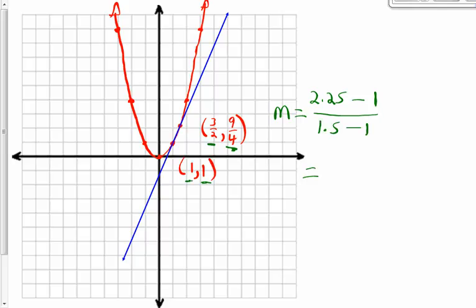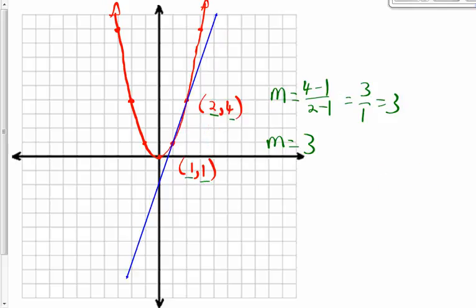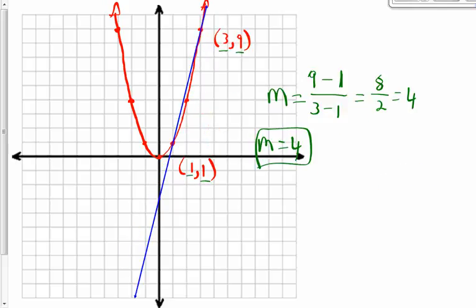So 2.25 minus 1 is 1.25, and 1.5 minus 1 is 0.5. And when I do this division, I get 2.5.